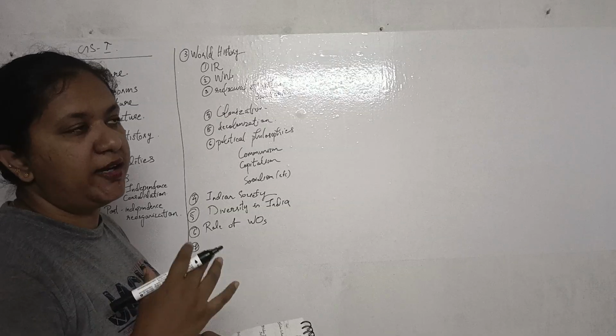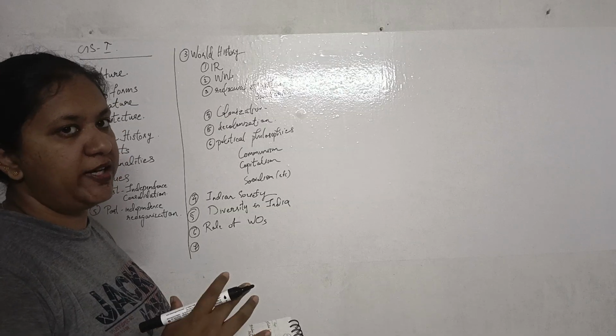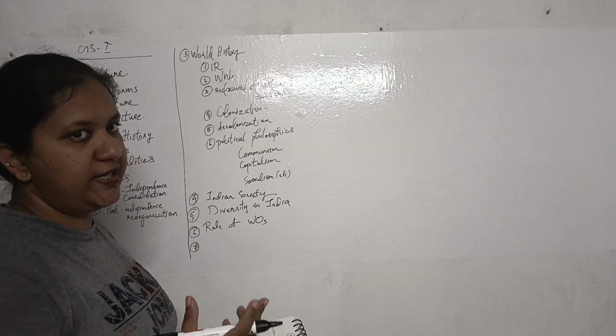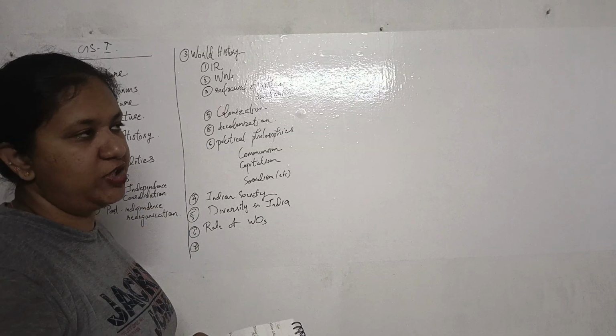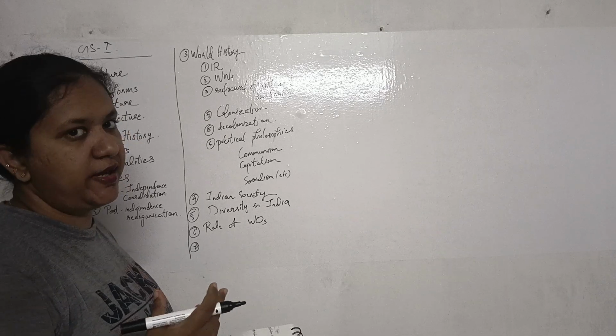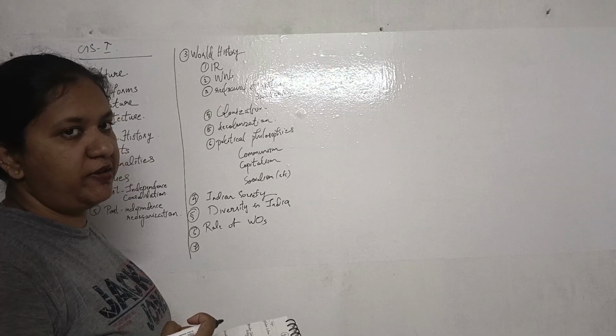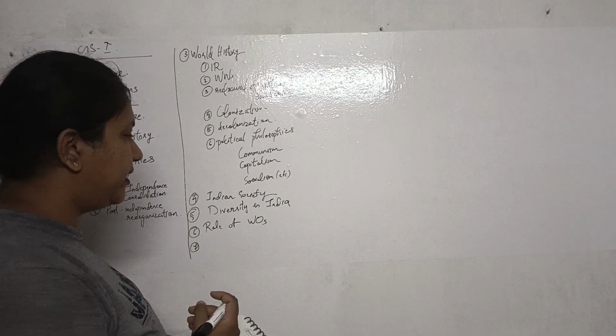You have to understand the role of women organizations in the entire world, entire India, or in your state, in your village. The women organizations are actively participating in the development of India.